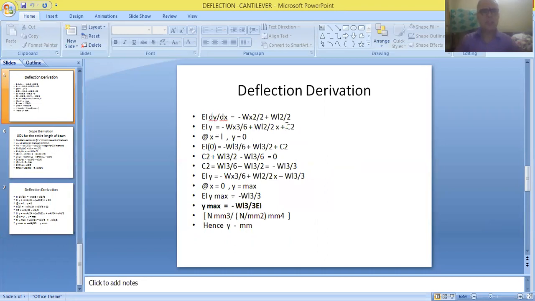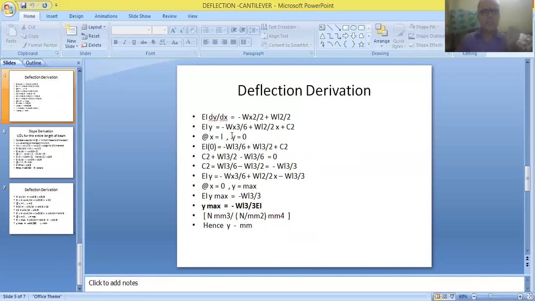We got this equation in the previous slide. So we have to integrate again. Integration of dy by dx will give y. So EI into y is written as this value. The integral of x square will be x cubed by 3.